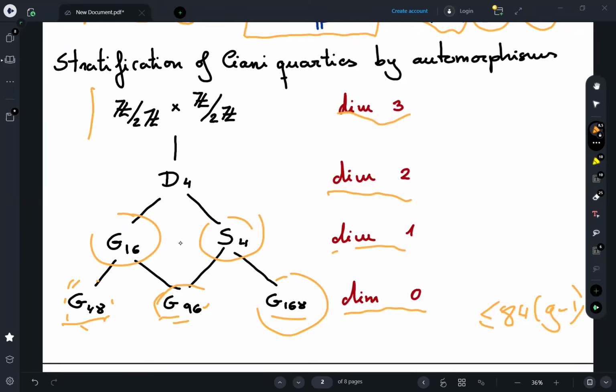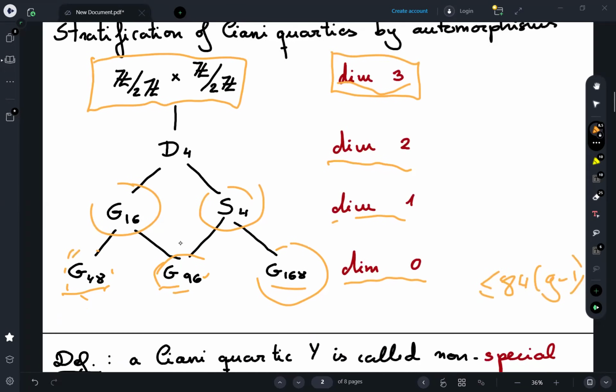But we'll be interested in the generic case. That is the case in which the dimension is 3, and in which the automorphism group is going to be precisely equal to the Klein group, the product of 2 copies of the cyclic group of 2 elements.